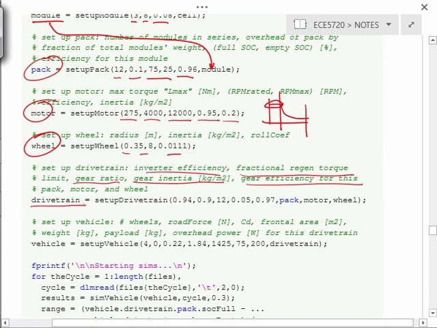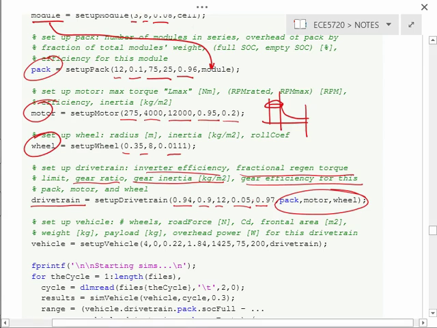So the overall drivetrain, here we're saying 94% efficient, 90% regen torque, ratio of 12:1, certain inertia and a certain efficiency, and then the 3 data structures we've built up. That's the entire electric drivetrain.